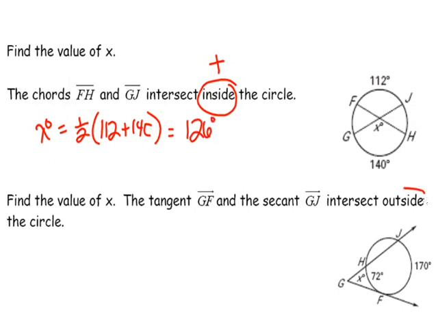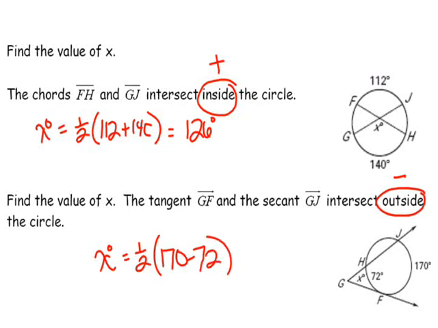All right, now we have outside. Outside means subtract. So my angle is going to be equal to 1/2 the big arc, 170, minus the small arc, which is 72. So that gets me 49 degrees. And that's how those formulas work.